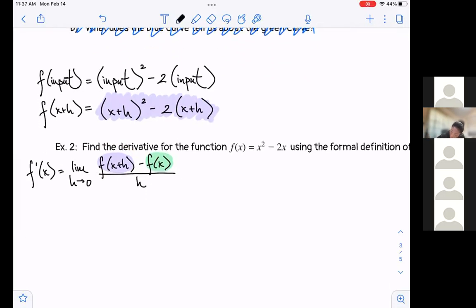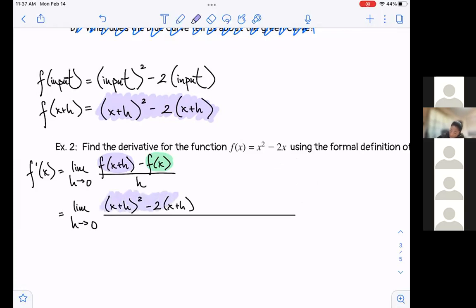So let's go ahead and substitute that in. So I've got the limit as h approaches 0. It's going to get real long. And I've got x plus h squared minus 2 times x plus h, right? So all of this is the f of x plus h. That's the point that's really close to the one we want.